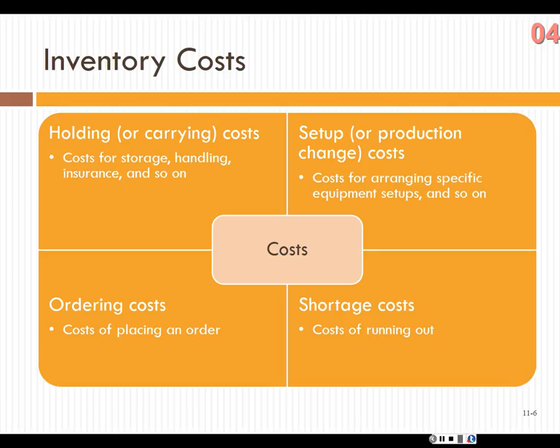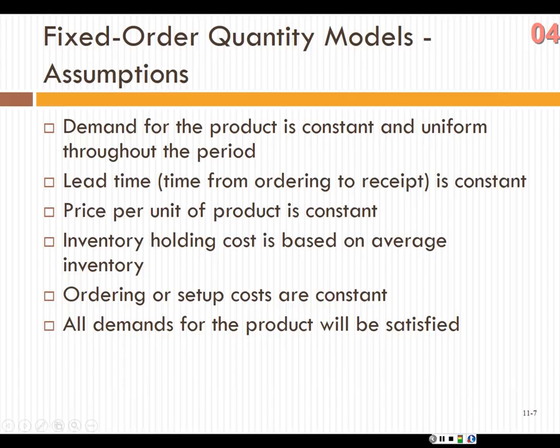And then, so in our fixed order quantity model, we start out with some basic assumptions, and then we'll work on how, okay, well, what if these aren't true, right? That we'll work on those towards the end of the lecture. But you're going to say that the demand for the product is constant and uniform.